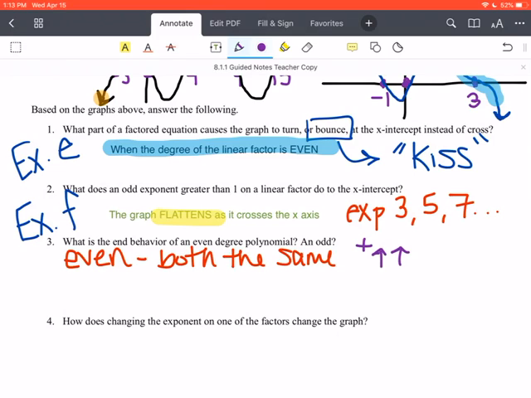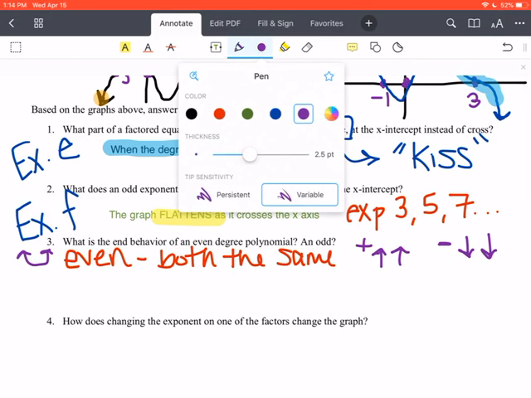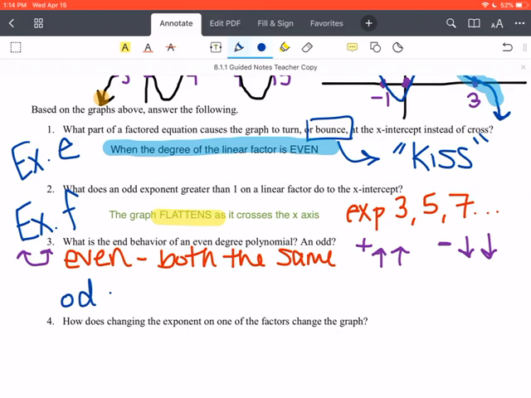So we are thinking about a parabola when we're working with even exponents. But if it's negative, then we flip that parabola or whatever other shape we're thinking about. But if we are odd, then we know that it is going to be opposite directions.